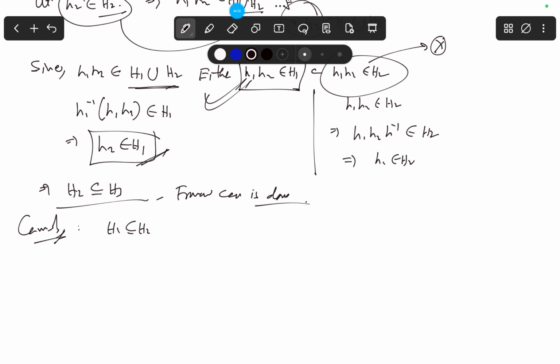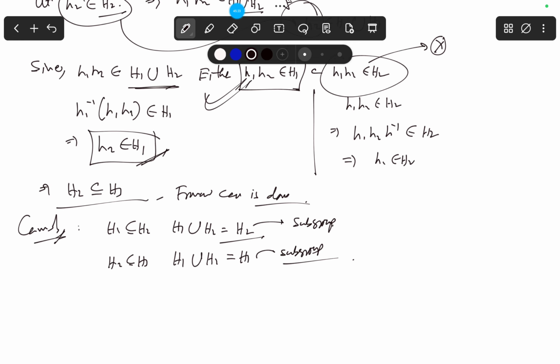If H1 is a subset of H2, then H1 union H2, since H2 is a larger group than H1, is obviously H2 again, and it is a subgroup. Similarly, if H2 is a subset of H1, and since H1 is a larger subgroup, we can easily get that H1 union H2 is basically H1, which is a subgroup. So the converse is trivial.